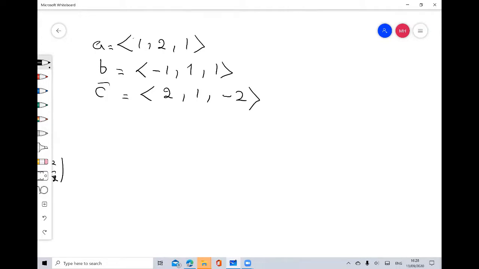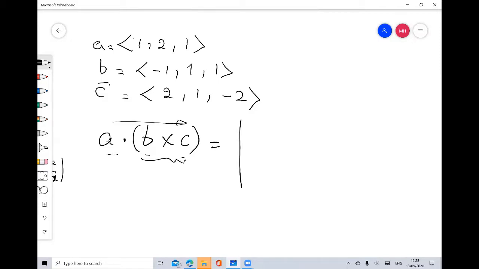Now I want the triple scalar product, A dot B cross C. Instead of doing B cross C and then the dot product, as I know from the previous analysis, all I have to do is put them in the determinant in the same order they appeared in. A would be the first row, then negative 1, 1, 1, then 2, 1, negative 2. And I'll do the job like this.